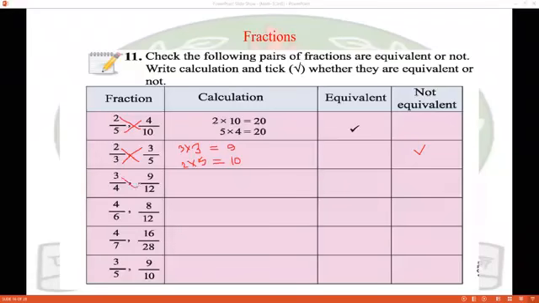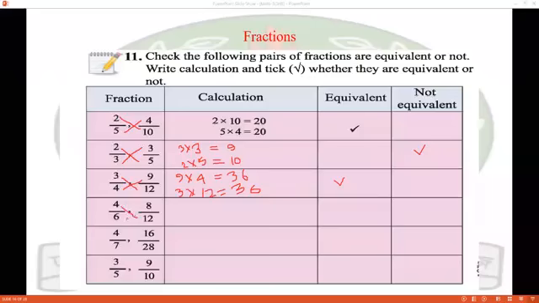Here 3 into 12 and 4 into 9. So at first 9 into 4, we get 36, and 3 into 12, we also get 36. So the same, they are equivalent.